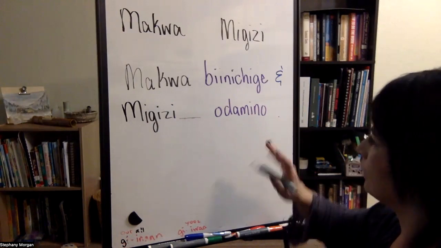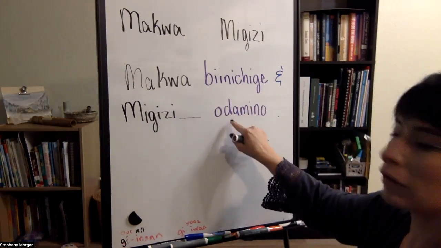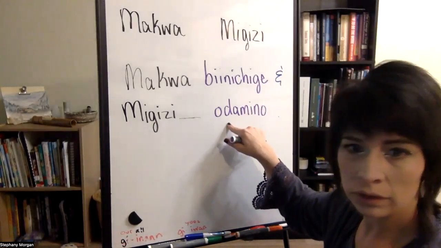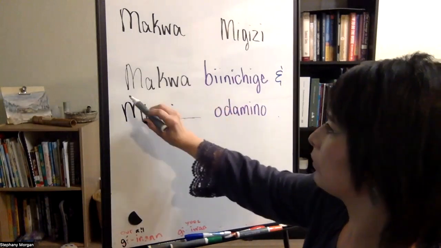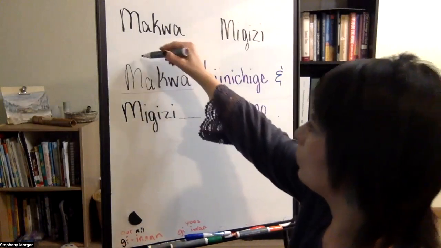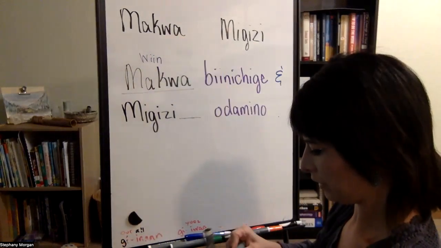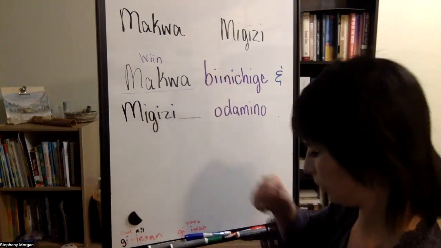Now the problem is both of these verbs are talking about Makwa because both of them are in third person form. So these are he or she is doing the thing. Now the he or she is Makwa because I assigned mean to Makwa, which means that automatically bumps Migizi into the fourth person.